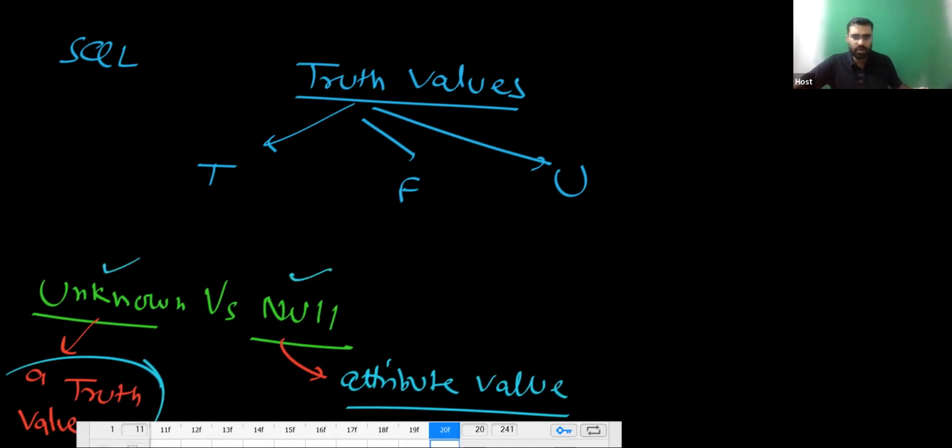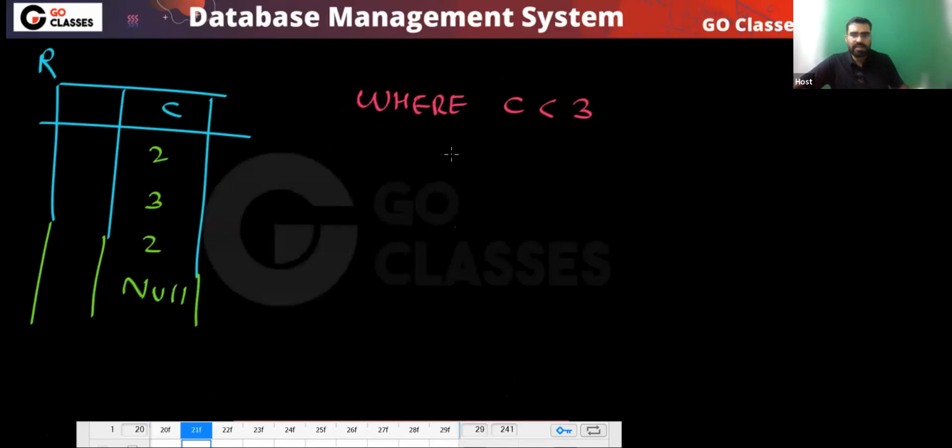For example, what I want to say is this. If I want to say that B is less than C plus 3. Now let me also give you the B column. I'm saying that B is less than, or maybe less than or equal to, or not equal to.